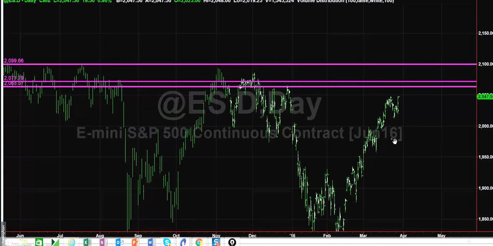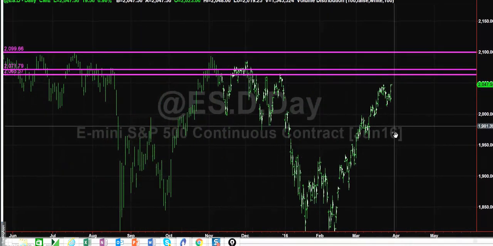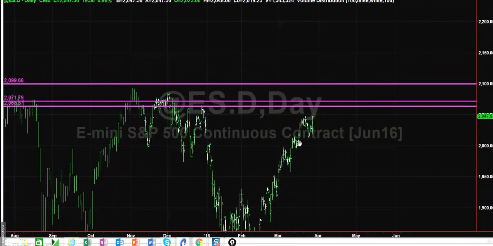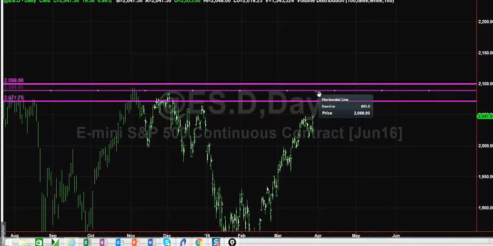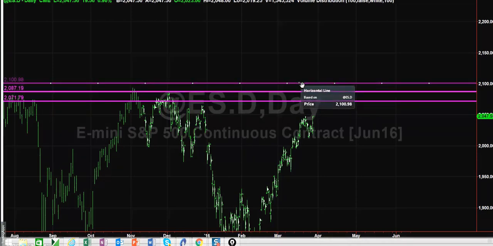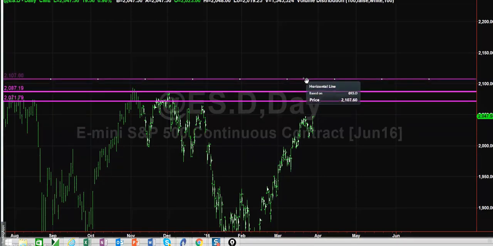So a couple of things. I want to figure out how high the market can go from 2047. So even when we were having these wide-ranging days, about 40 points was the most it could pull off on a 24-hour chart. Occasionally we got 50 points, right? So if we go 40 to 50 points from here, that puts us at 2087 to 2107.